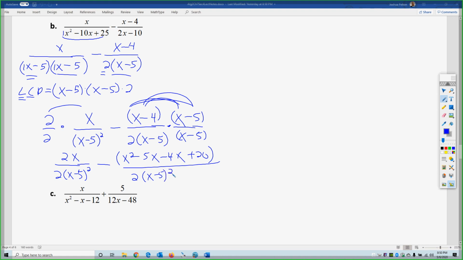If we do the subtraction together, we have 2x minus x squared, and we had minus 4 and minus 5 for minus 9, plus 20 over the common denominator, which is 2 times x minus 5 squared. So that's 2x minus x squared plus 9x minus 20.